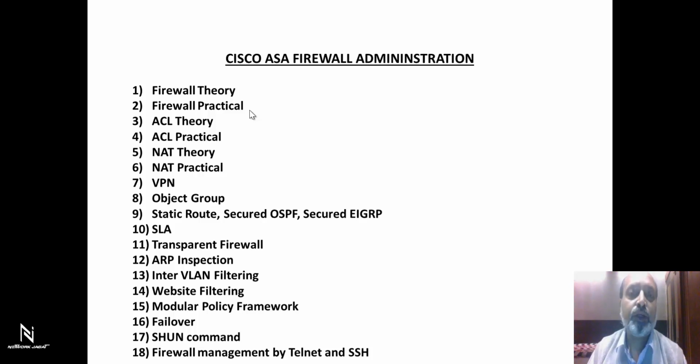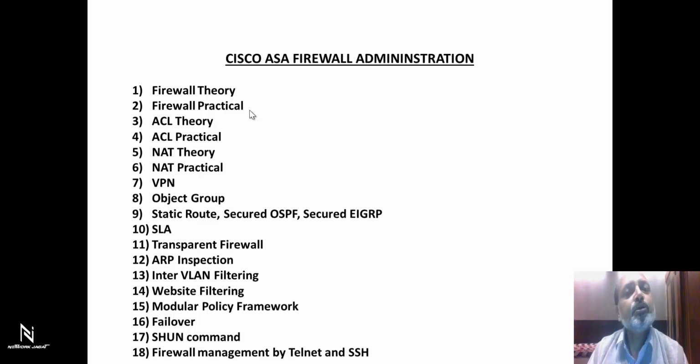Number one point. So despite the fact that this is not at all a 5th generation or the latest generation firewall, in fact Cisco ASA is somewhat backdated now as compared to Palo Alto and FortiGate, but still it is immensely useful to learn the basics of firewall, right?